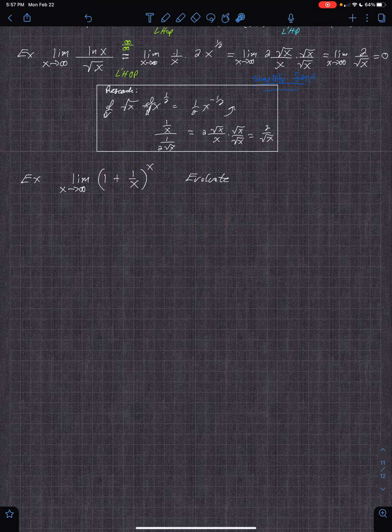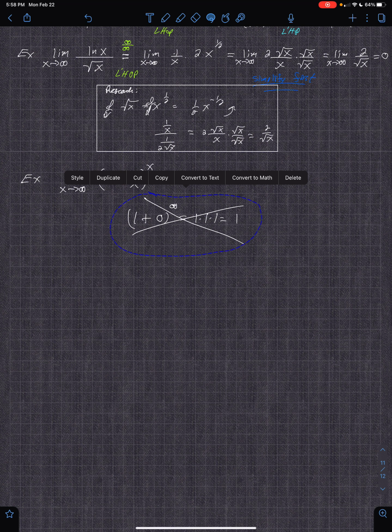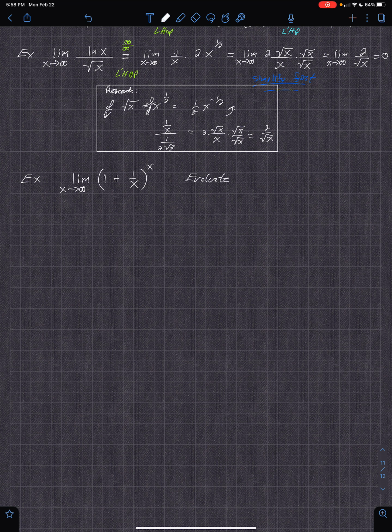So you could argue that this is basically like 1 plus 0, and then this is infinity, so it's just like 1 a bunch of times, so it's just 1. Okay, that would be wrong. It ends up not doing that.